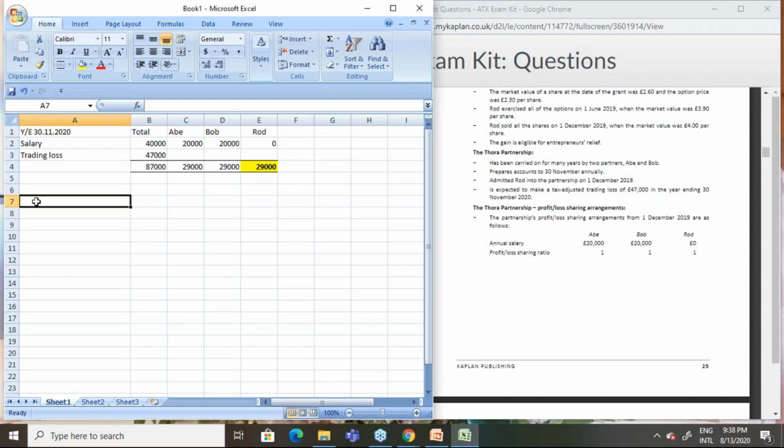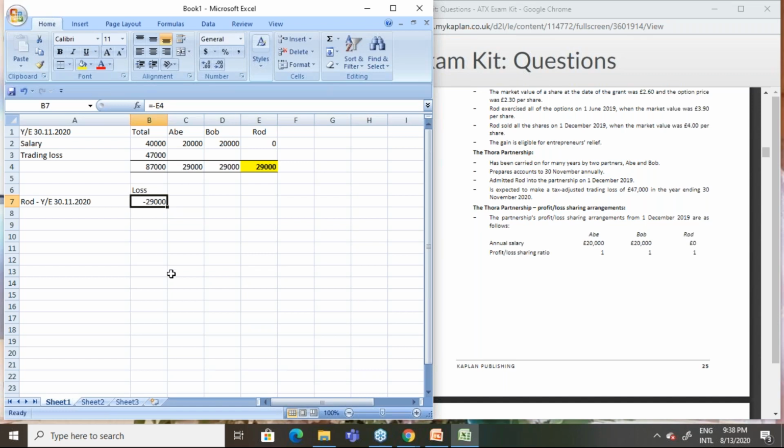Okay. So Rod is having a trading loss for the year ended 30th November 2020, which is £29,000 loss.